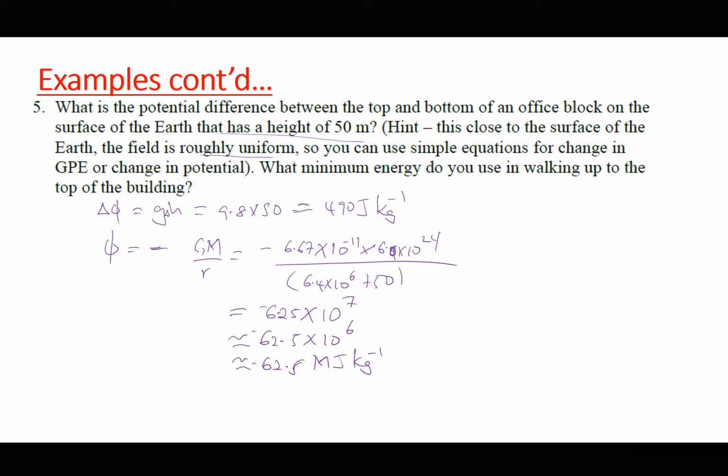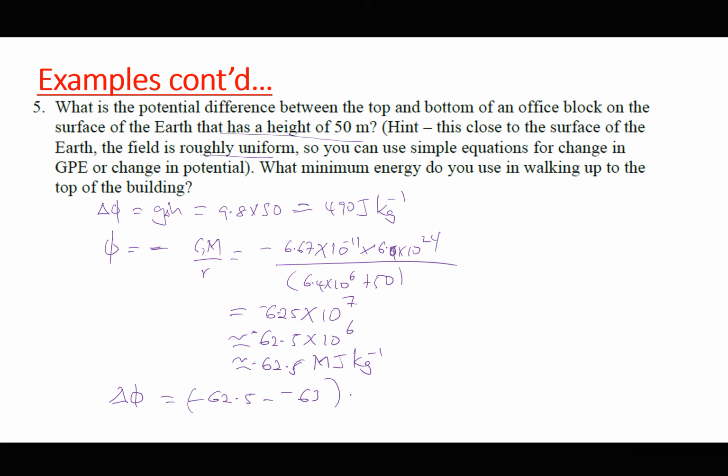So we can get the difference here. The change in potential is going to be equal to negative 62.5 minus negative 63.